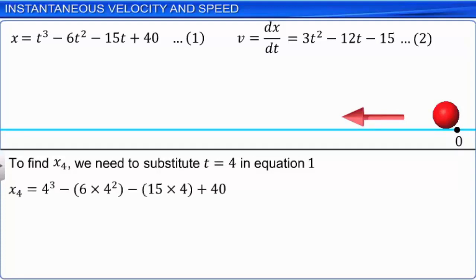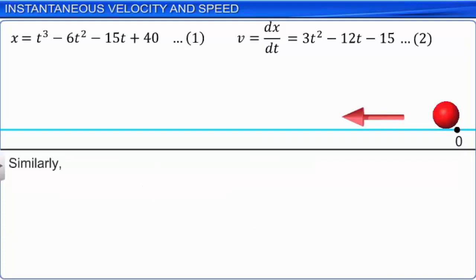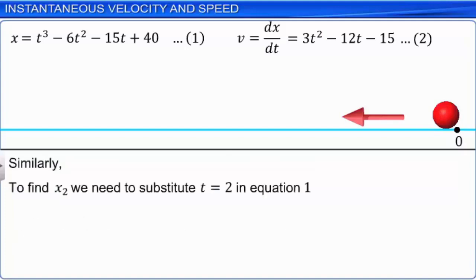The particle is situated to the left side of the origin. Similarly, to find x2, we need to substitute t is equal to 2 in equation 1. x2 is equal to 2 cube minus 6 multiplied by 2 square minus 15 multiplied by 2 plus 40 is equal to minus 6 meters. The particle is situated to the left side of the origin.